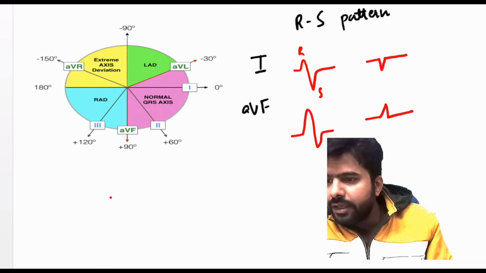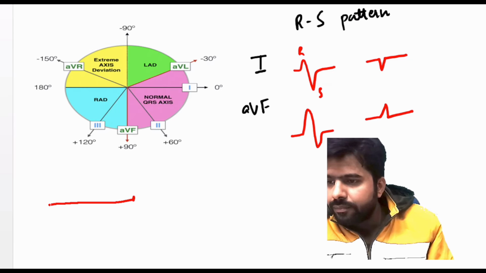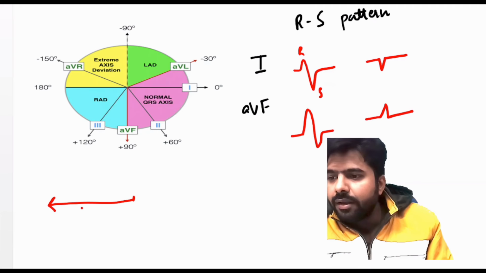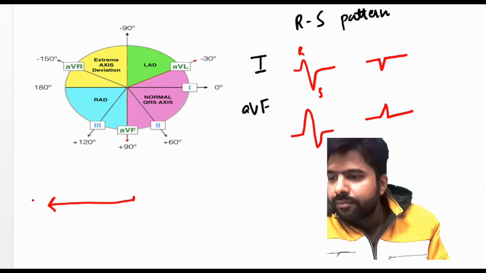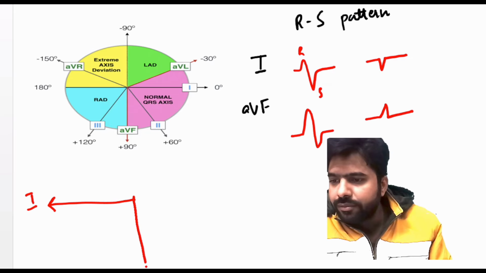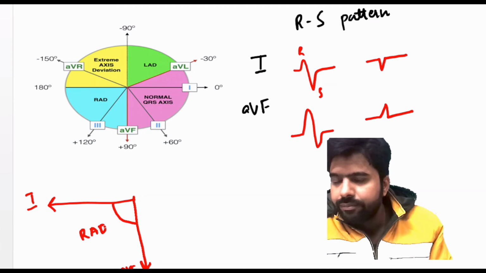Therefore, lead 1 is negative and AVF is positive. Therefore, this is a right axis deviation.